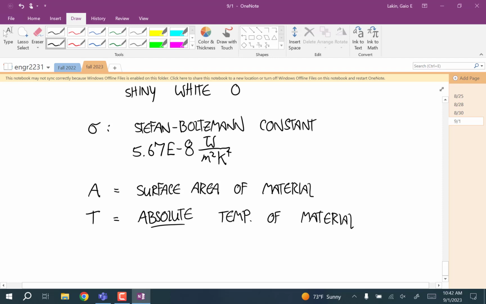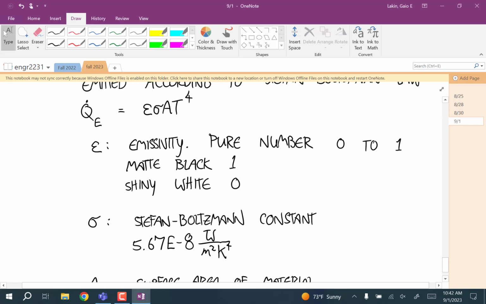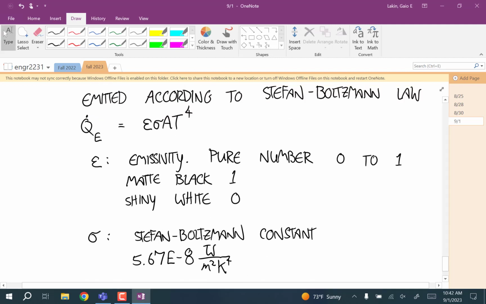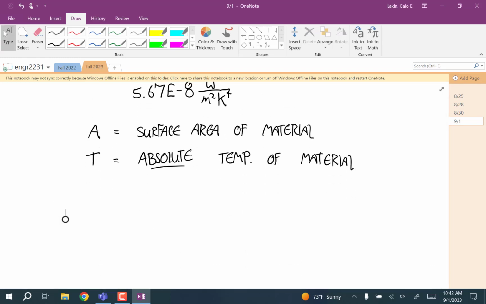This one isn't very useful to us because it only tells you half of what you need to know for the first law about heat transfer, because heat is also being transferred into bodies from their surroundings. So just knowing what heat is emitted doesn't really help you. You also need to know how much is being absorbed. But there is one case that we can deal with.